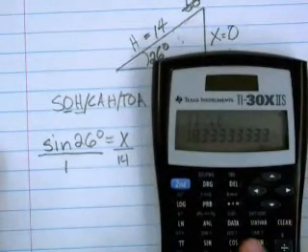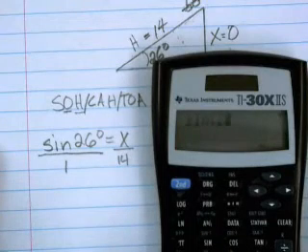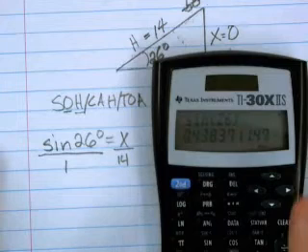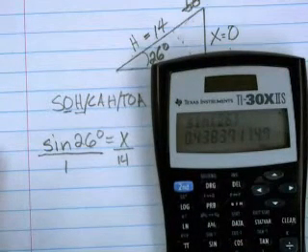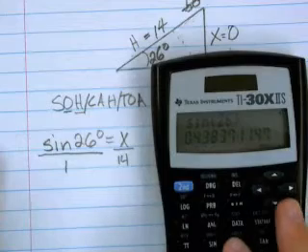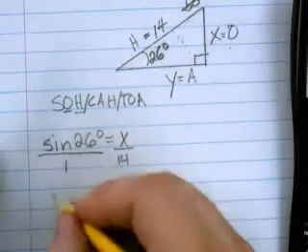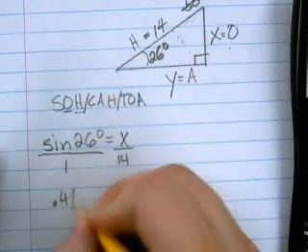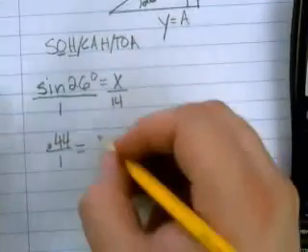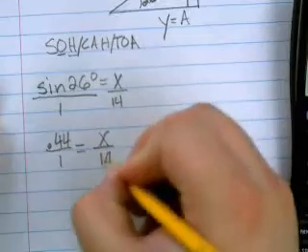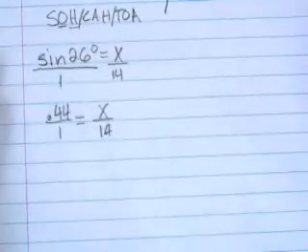So anyways, sine of 26 is equal to 0.438 roughly. So I'm going to say 0.44. So I'm going to say 0.44 over 1 is equal to x over 14. Cross multiply.